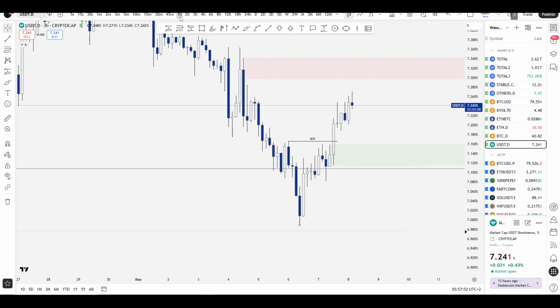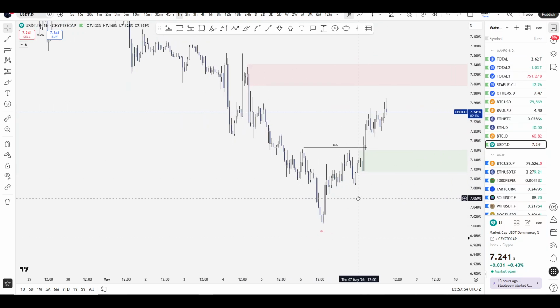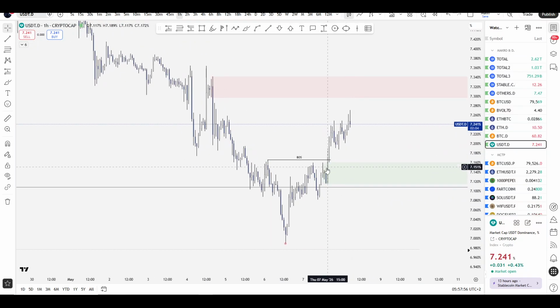So this is a 1 hour break, and this break solidifies as a good break because we got this V-shaped price action creating demand in the process and shooting up, and now we are grinding up.